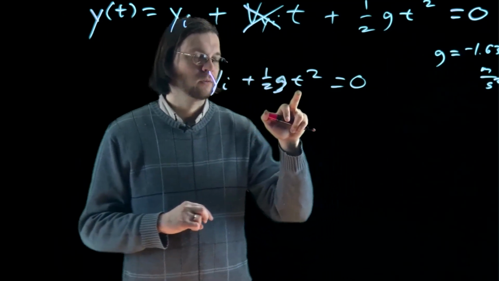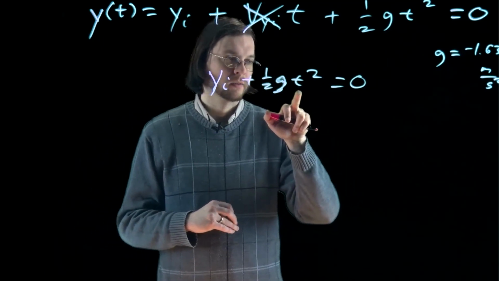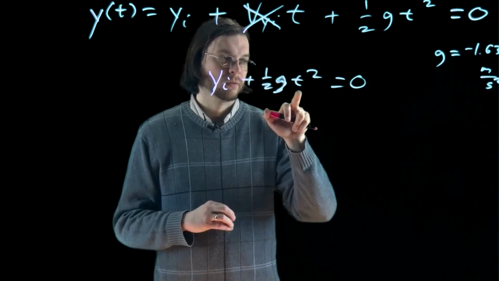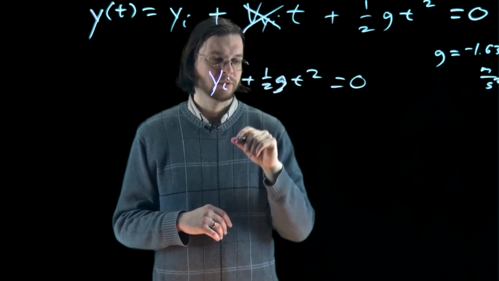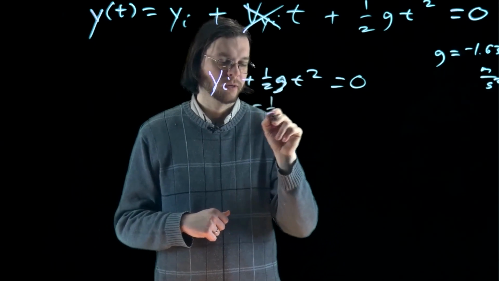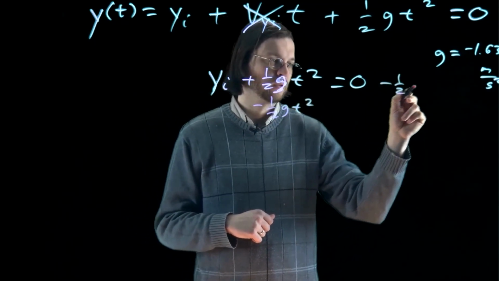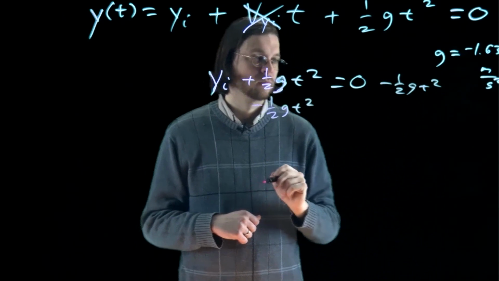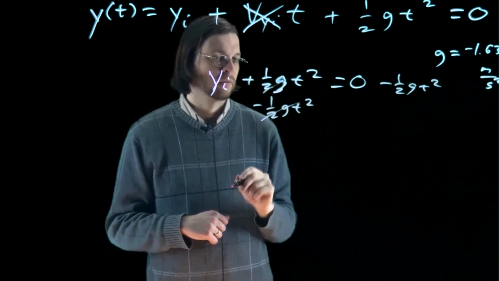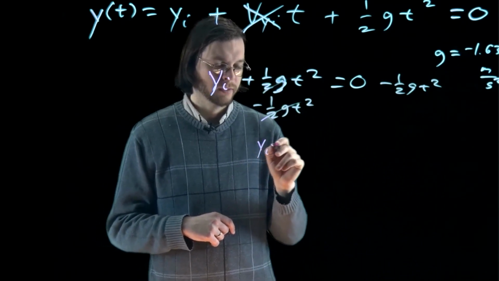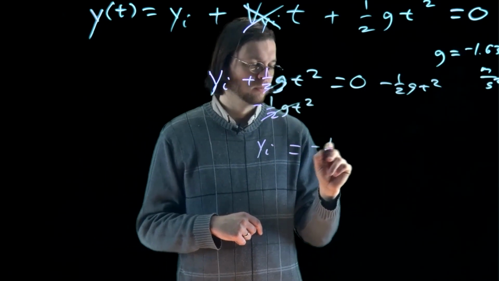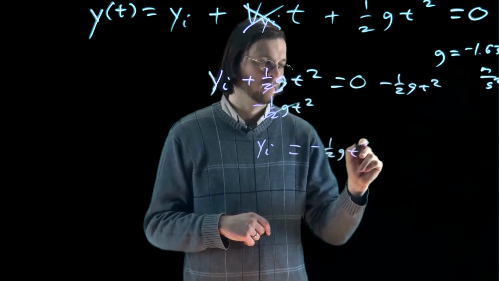So what I'm going to do is subtract 1/2 gt squared from both sides. Okay, so these cancel, and I get y initial equals minus 1/2 gt squared.